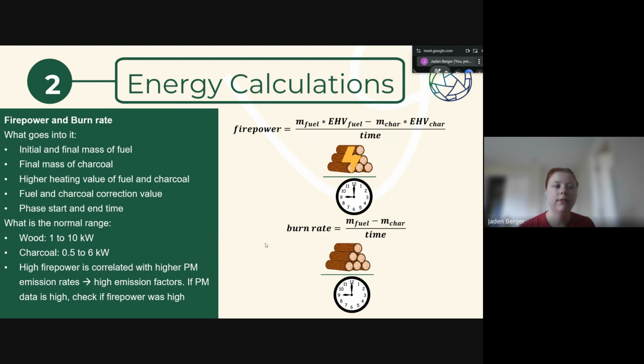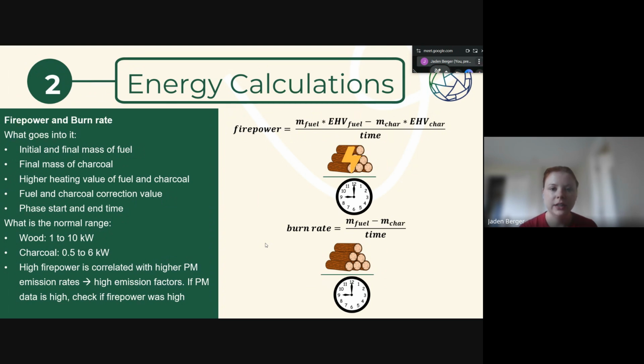Okay, firepower. So firepower is basically the strength of your fire. So what we're hoping for in an ISO test is that our high firepower test or high power test is going to have our highest firepower, and our low power would have our lowest firepower.